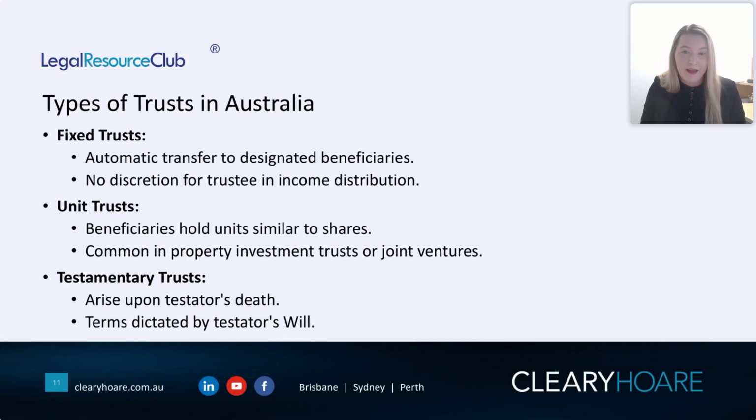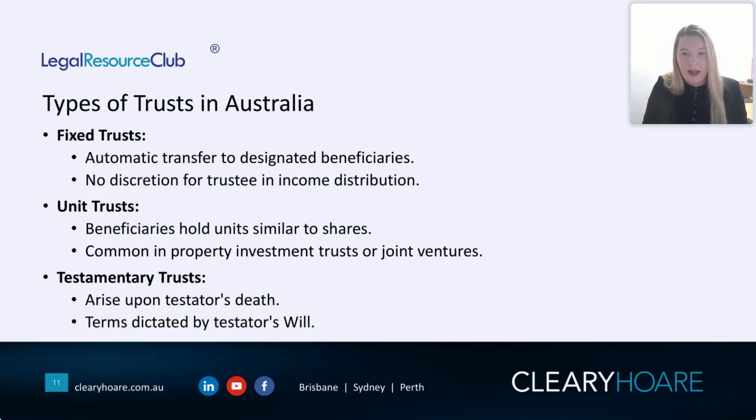If the trustee can make gifts or if it can redeem the units for less than market value, they're some of the indicators that can make a unit trust non-fixed. Because to be a fixed trust, you really need that fixed proportionate entitlement, that absolute entitlement to the assets of the trust. And most of the time when we are establishing a fixed trust or converting a trust to be a fixed trust, we're normally doing it for land tax purposes to get the benefit of the land tax threshold.